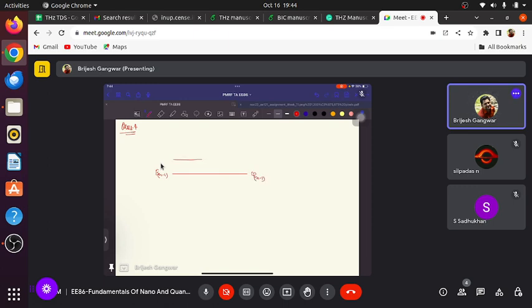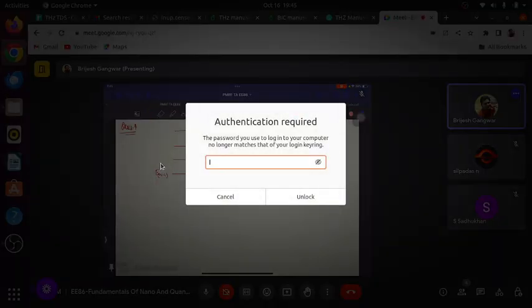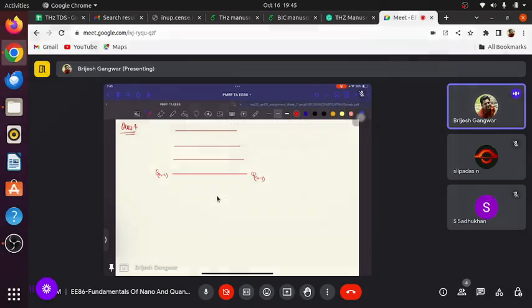Similarly, this will be psi n, then E n plus 1 with psi n plus 1, and this is one step, then psi n plus 2 and E n plus 2.